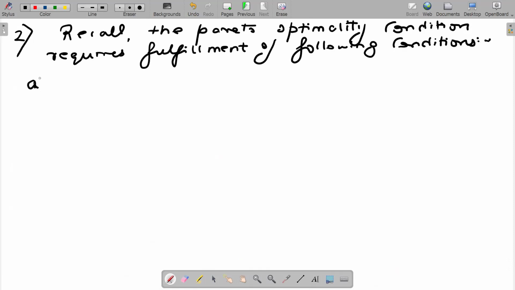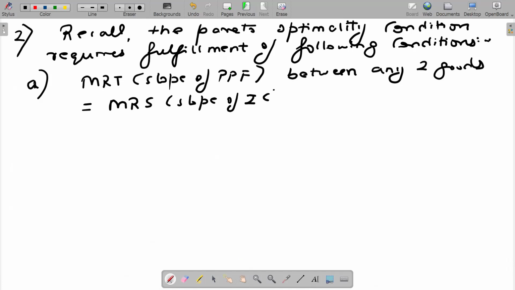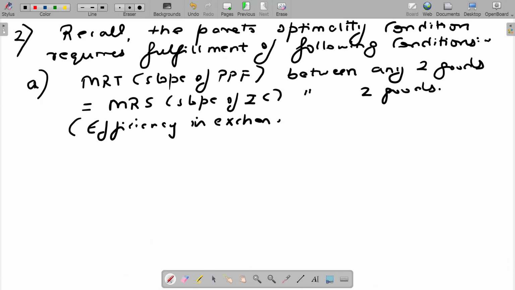The first condition is that the marginal rate of transformation, which in brackets I can write is the slope of the production possibility frontier between any two goods, should be equal to the marginal rate of substitution, which is the slope of the indifference curve between the two goods. This is an efficiency in exchange condition.